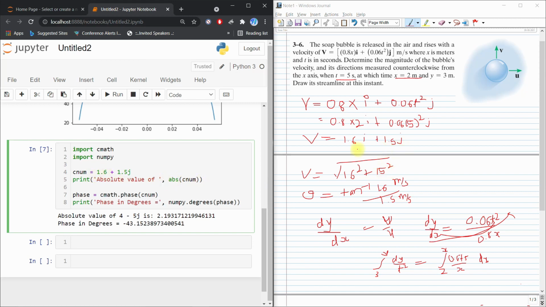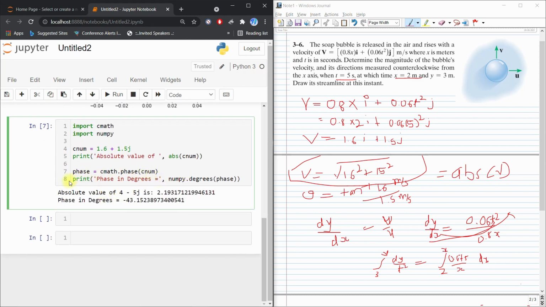You simply write abs of cnum for the magnitude V. For the angle in degrees, theta is equal to cmath.phase of cnum, which will give the phase, and then we print this phase number with numpy.degrees, which converts radians into degrees.